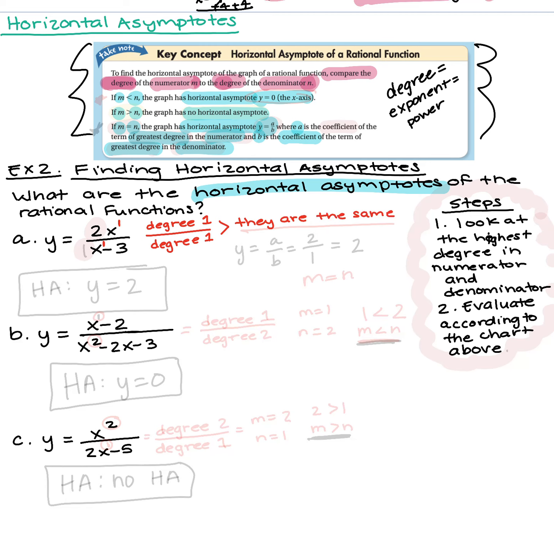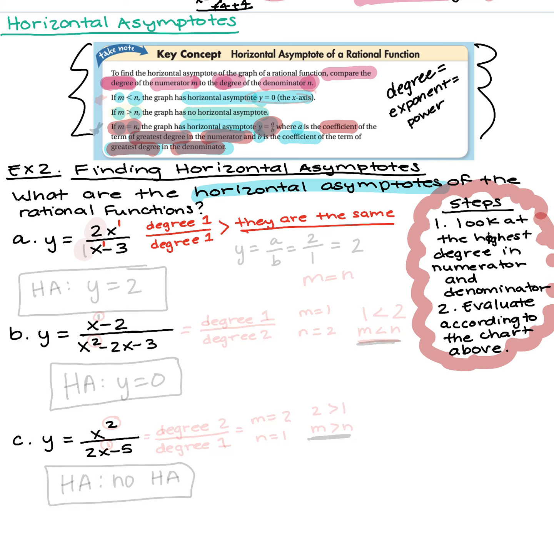So that means that if they are the same, which one is that going to be? It is this one. If m equals n, then you are going to get y equals a over b, where a is the coefficient of the greatest degree in the numerator and b is the coefficient of the greatest degree in the denominator.